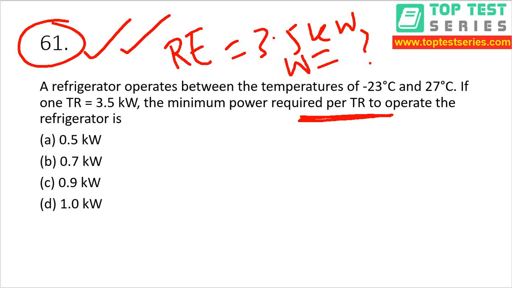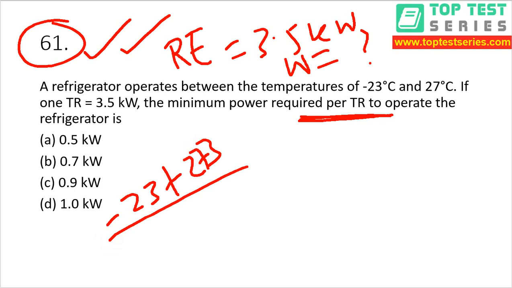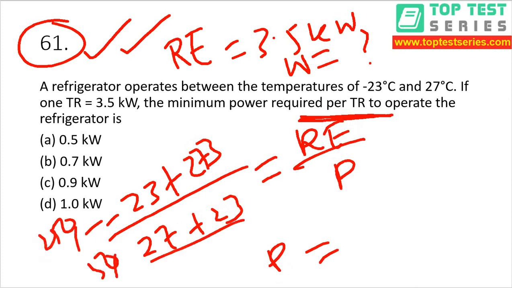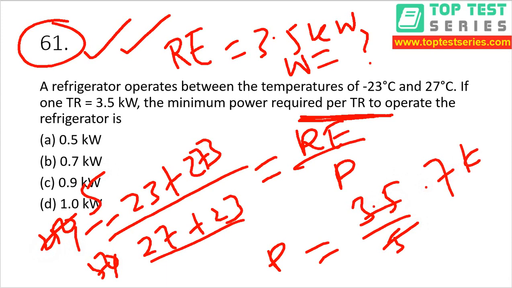So we know that COP in terms of temperature for a refrigerator is TL by TH minus TL, that is minus 23 plus 273 divided by 27 plus 23, equal to refrigeration effect upon power required, P. Refrigeration effect is 3.5, so P is equal to 3.5 by 5, so it's 0.7 kilowatt.